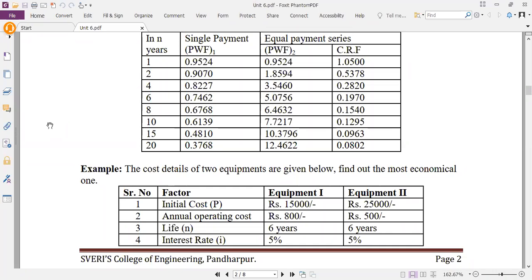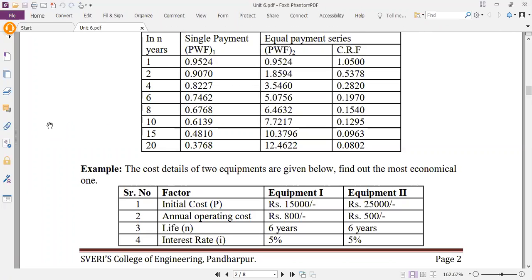Initial cost is 15,000 for equipment 1 and 25,000 for equipment 2. Annual operating cost is 800 rupees for equipment 1 and 500 rupees for equipment 2. For both cases, life period is 6 years and interest rate is 5%.